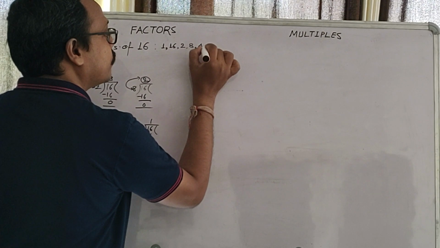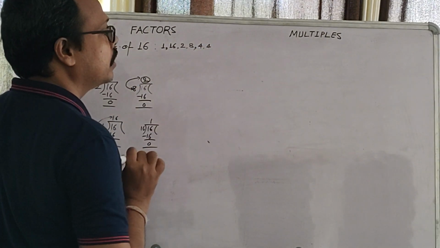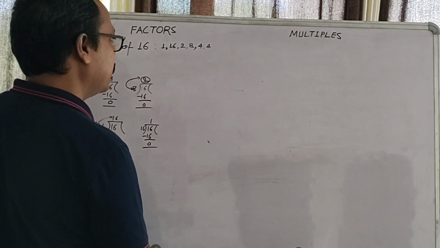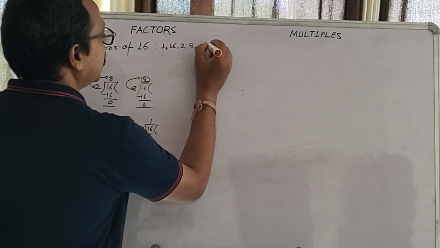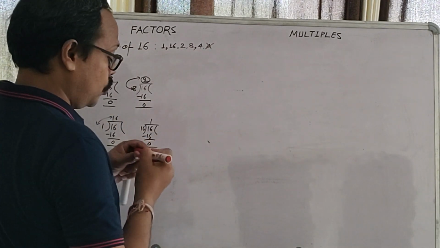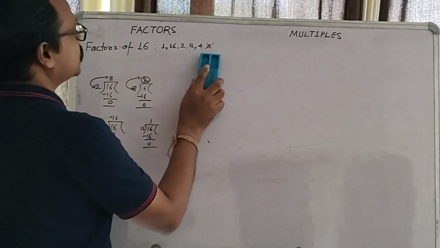Am I supposed to write 4 again? We should not, because if I write 4 again, that means the factors are counted double. But what are we supposed to find out? We are supposed to find out the unique factors of 16.